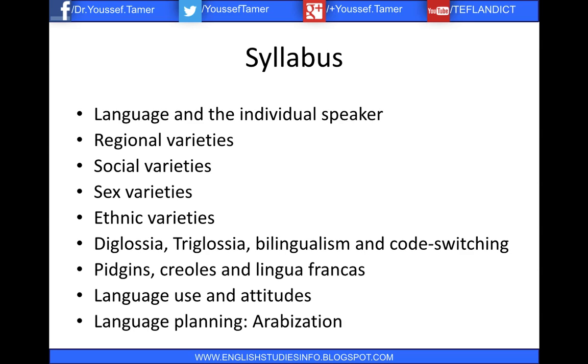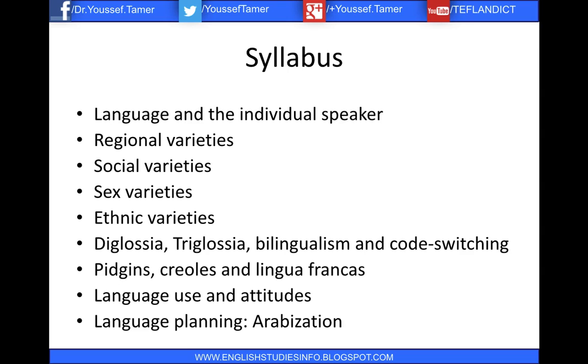Another last component we try to deal with is related to language policy and language planning. It's part of sociolinguistics. It has to do with the way people use language. Now, of course, a speech community has a kind of government.